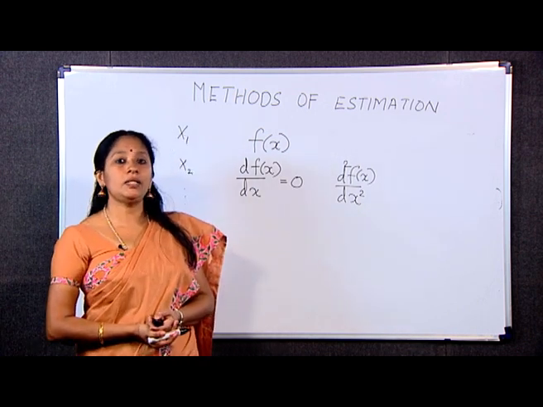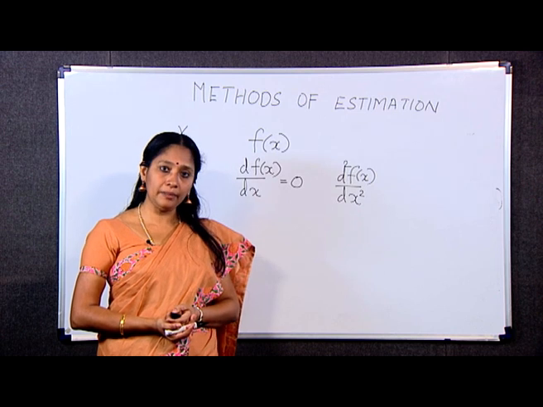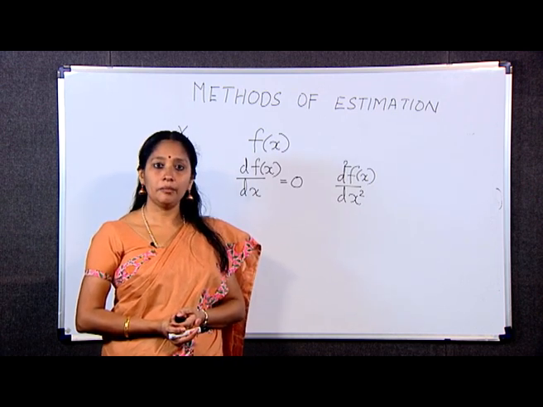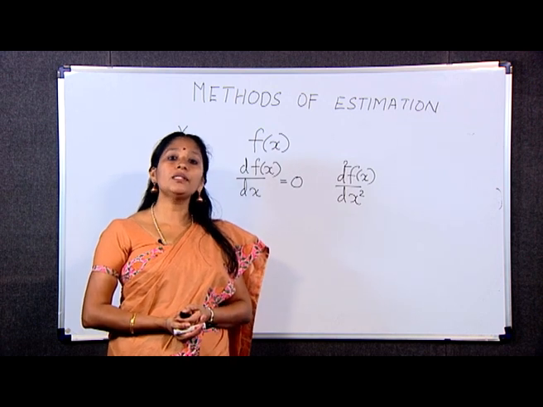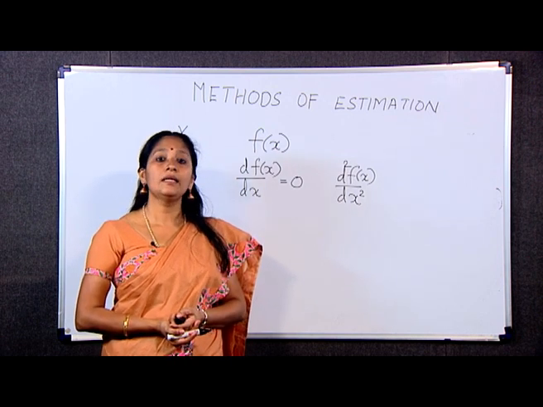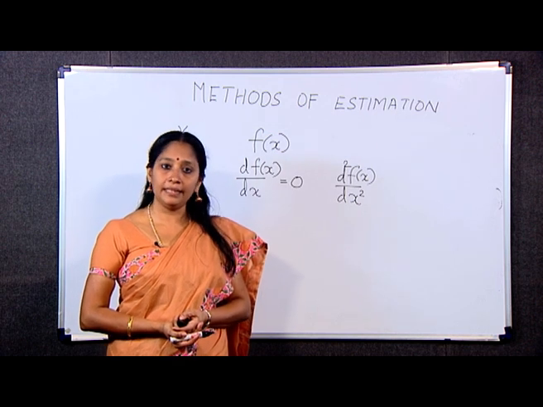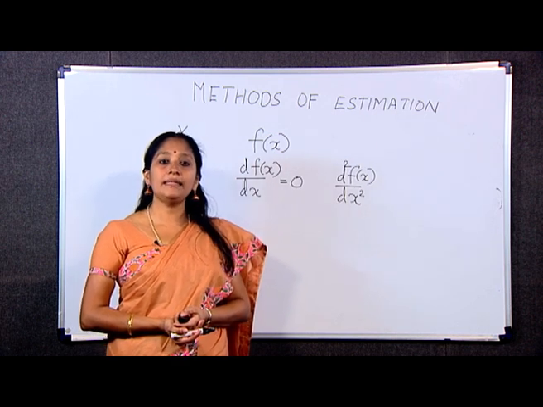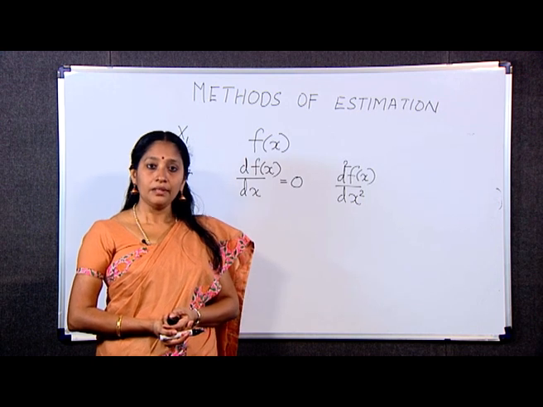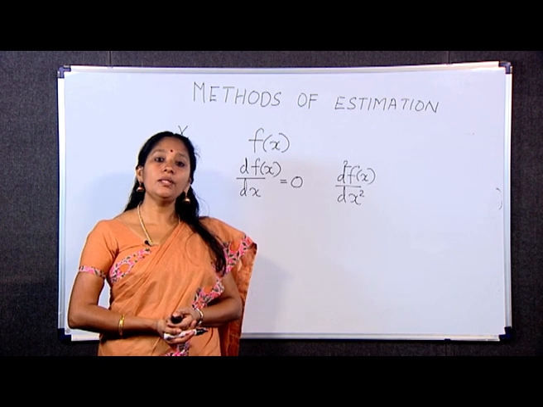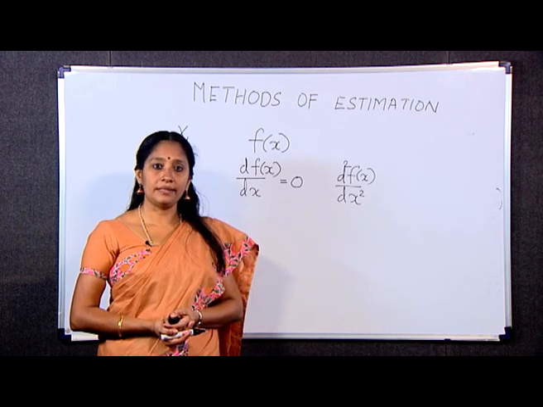If it is negative, there occurs the maximum, and if it is positive, there is the minimum. But if we have a function of more than one variable, we use the partial derivatives. In the MLE method, we have to maximize the likelihood function. Use the above described method and identify the maximum point.